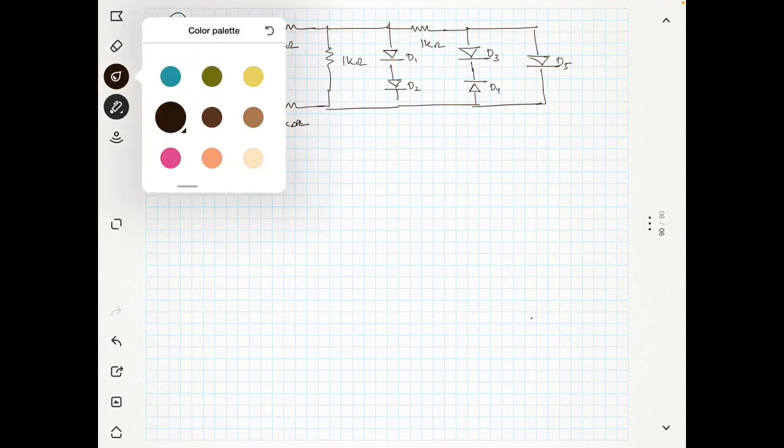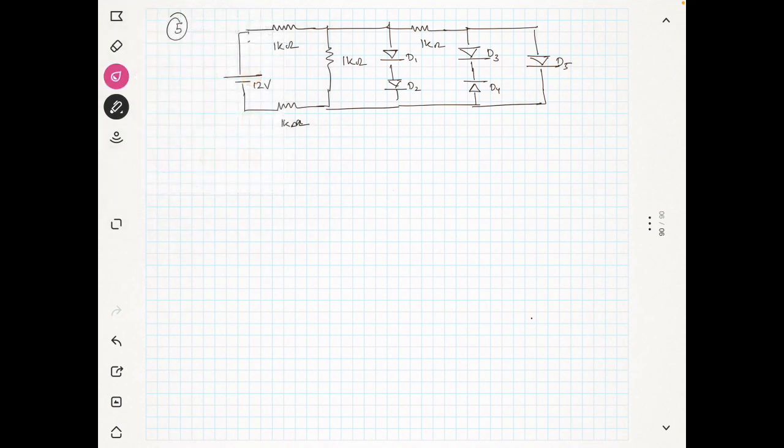Now the question is to find the currents. Let's say this is I1, we have to find all these things, I1, I2, and I3, next this is I4, and this current I5, and this is I6.